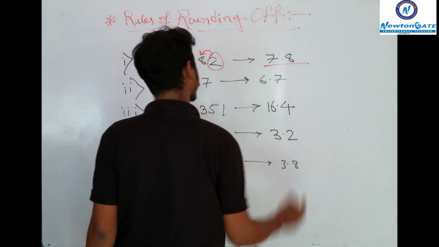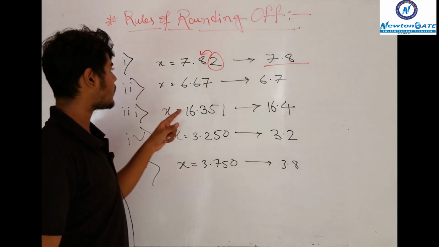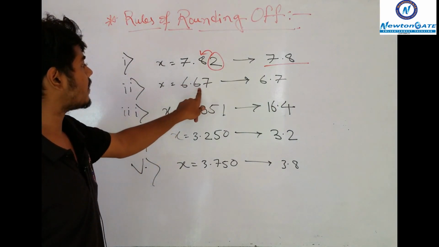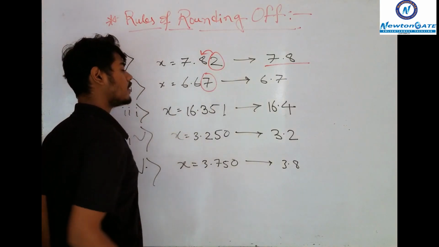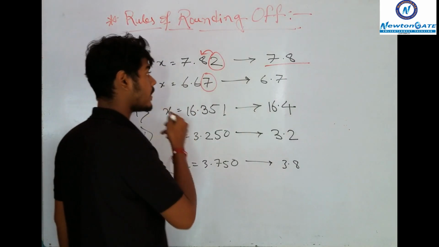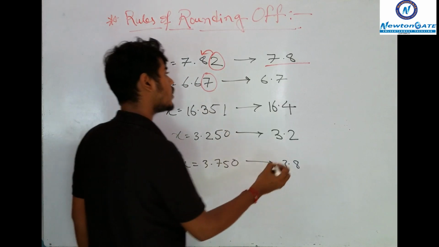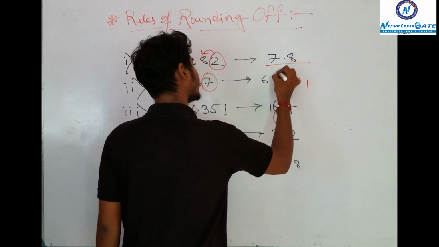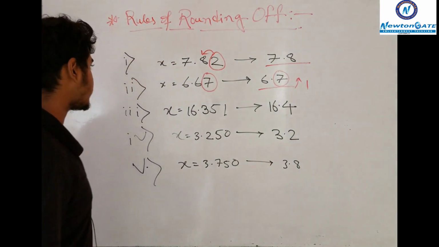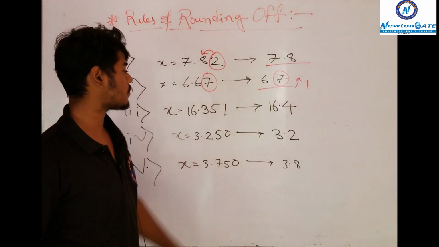So it is 7.8. In the second example, take 6.67. Now the digit to be dropped is greater than 5, so the preceding digit is raised by 1. From 6.6 it becomes 6.7.